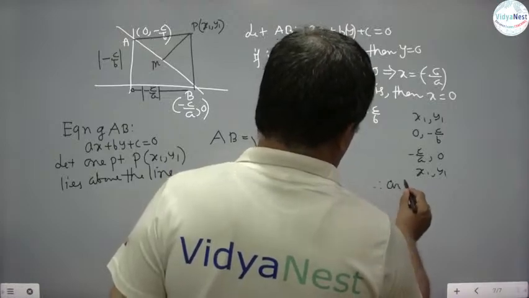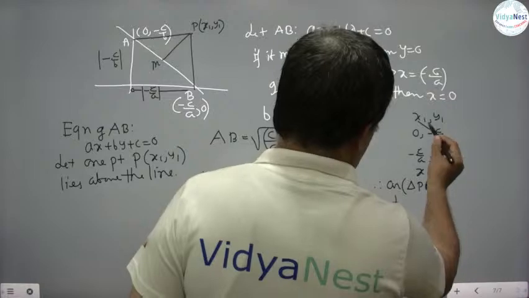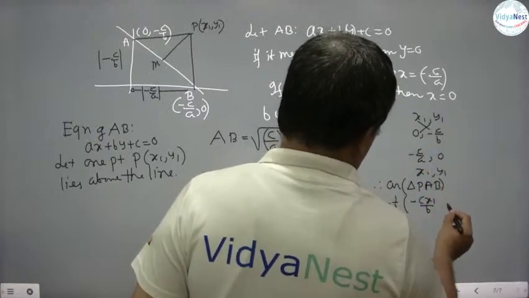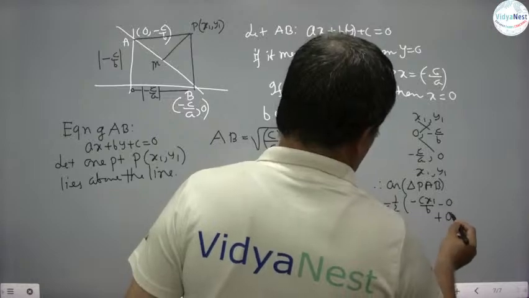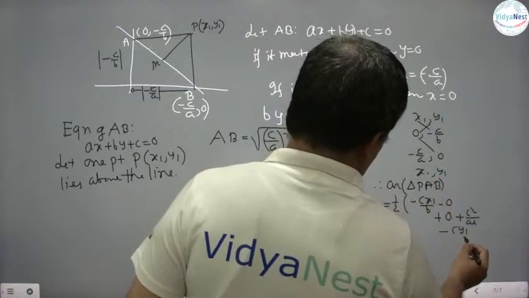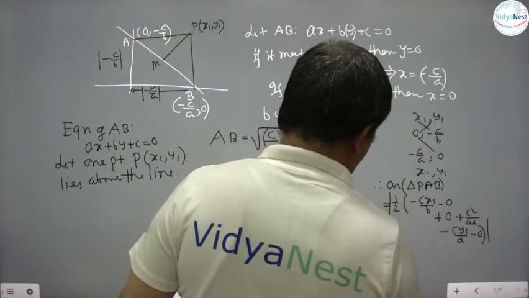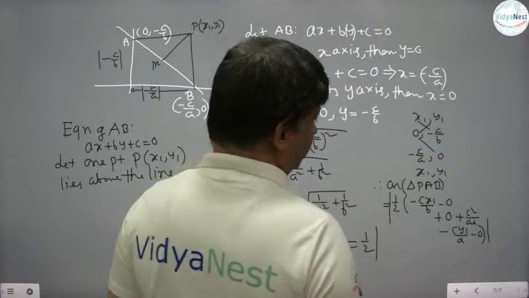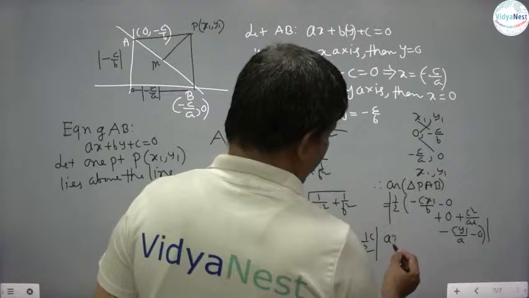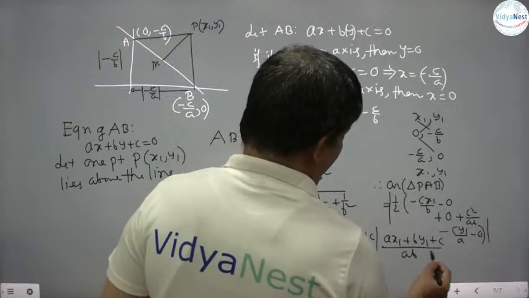So area of triangle PAB is equal to half this minus this plus this, c square by ab minus, so if I take its magnitude, half, take c common, a x1 plus b y1 plus c by ab.